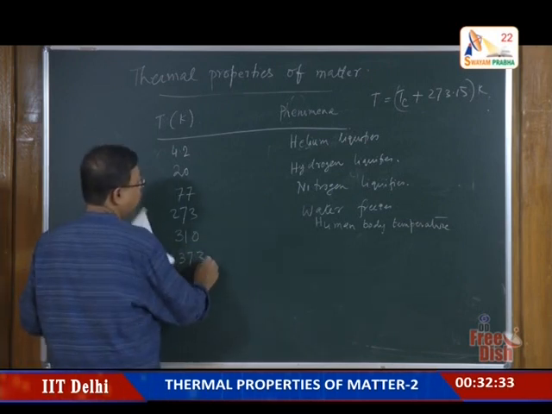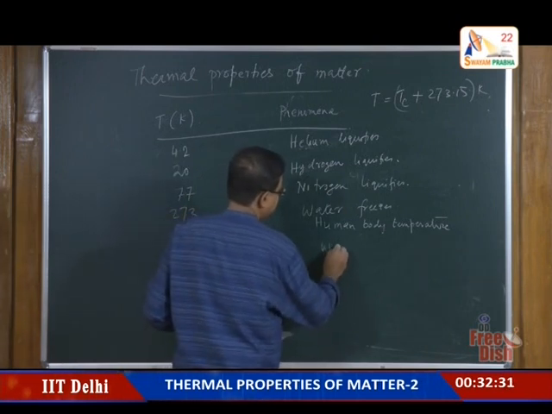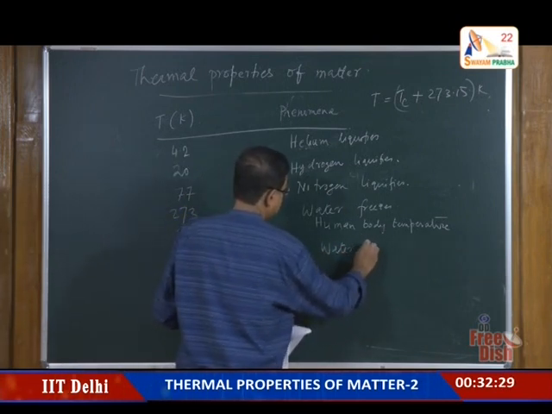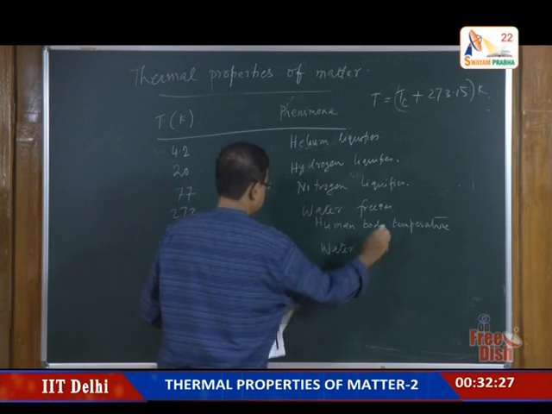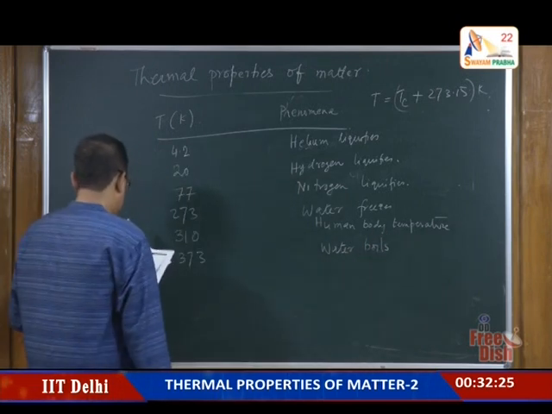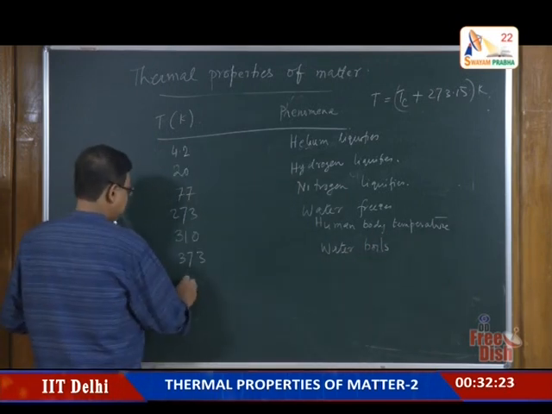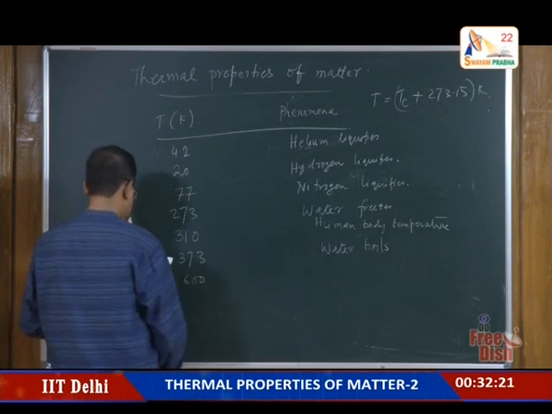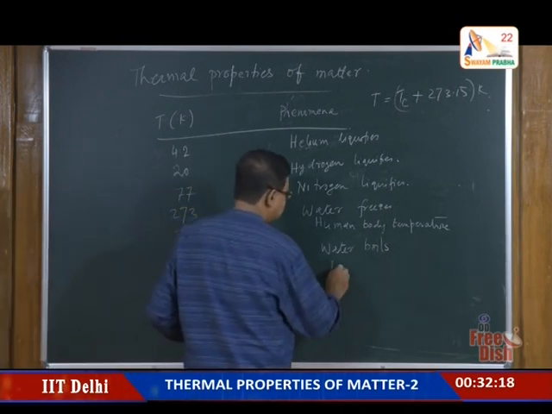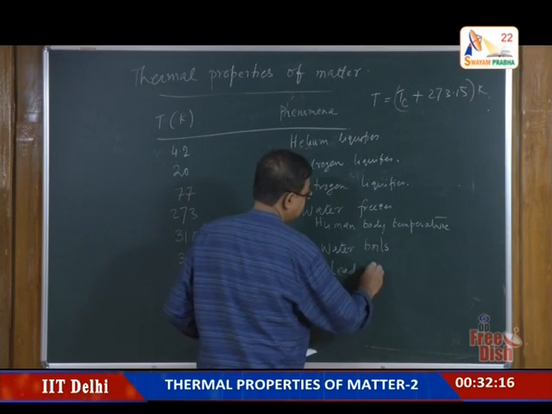373 is when water boils. 600 is when lead melts.